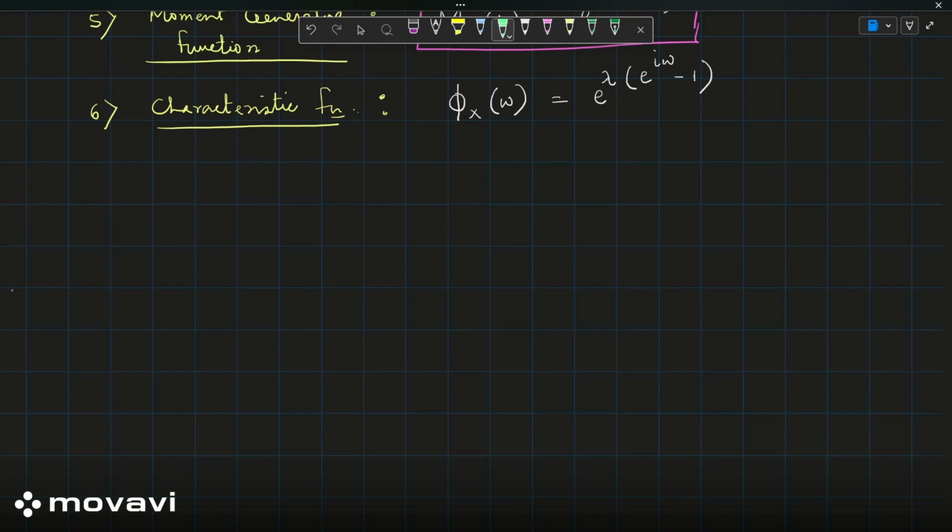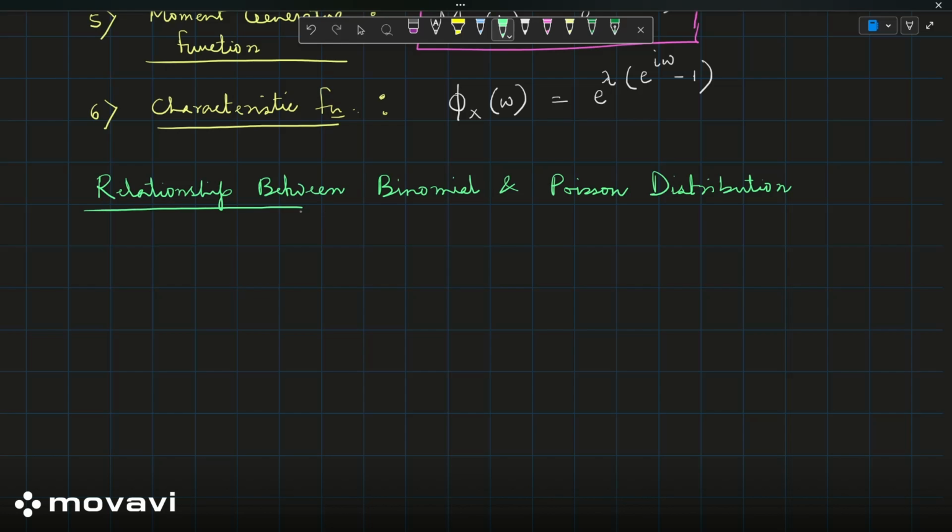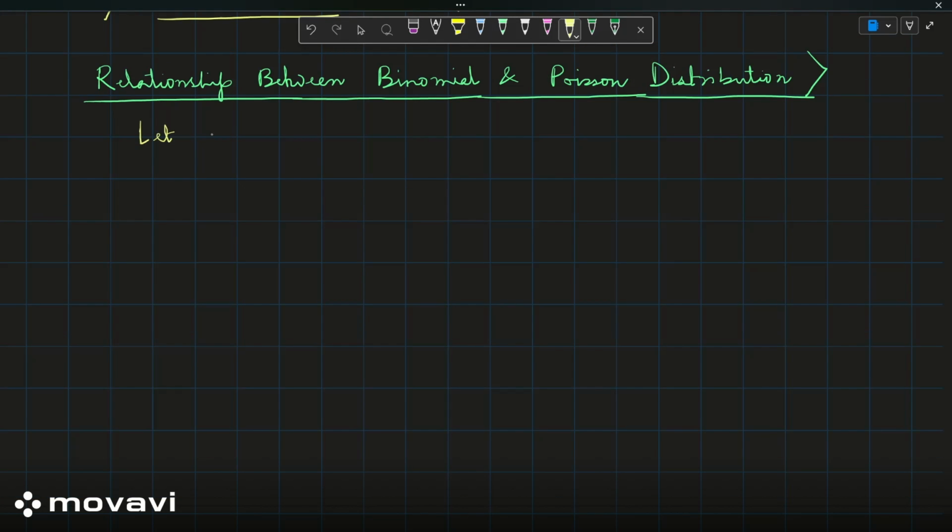Next, we will see the relationship between binomial and Poisson distribution. Let random variable X follow binomial distribution with parameters n and p.